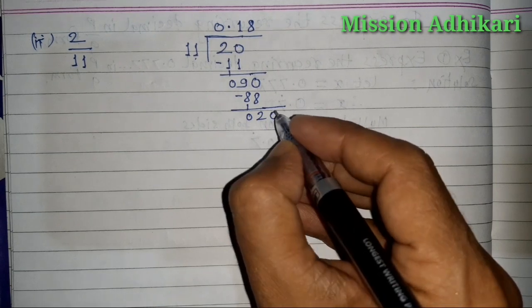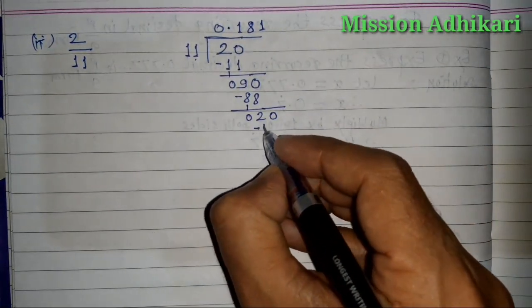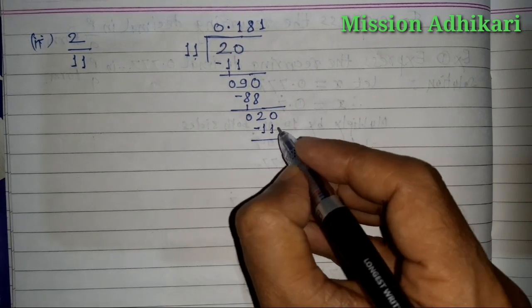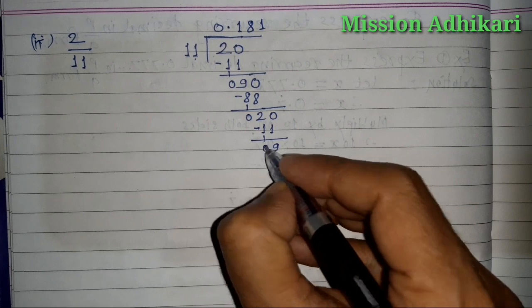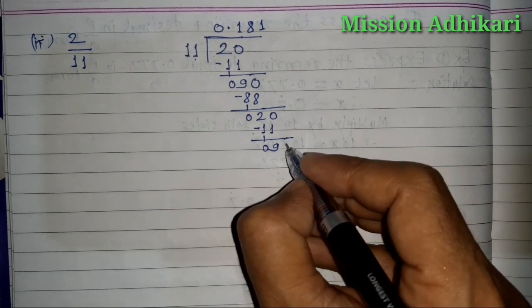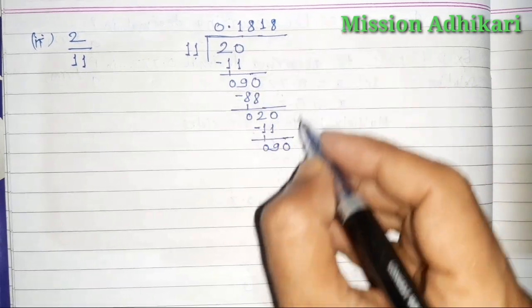Again we take 0, 20. 11 ones are 11. We subtract 11 from 20 and get 9. Again we take 0, 90. 11 eights are 88.